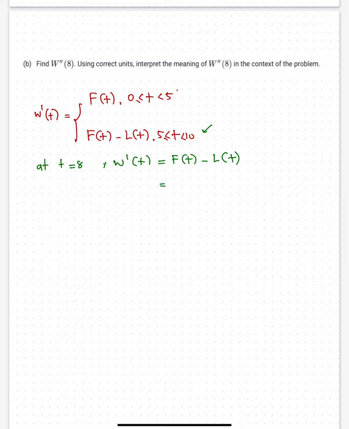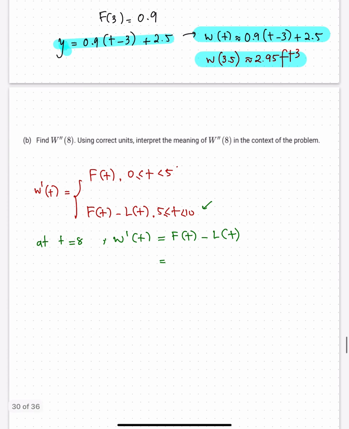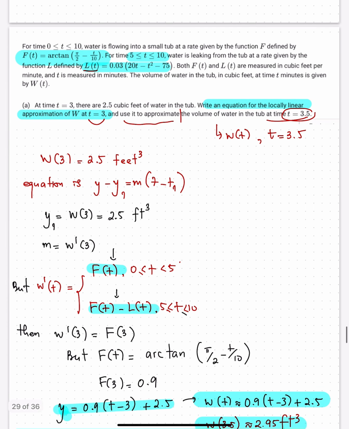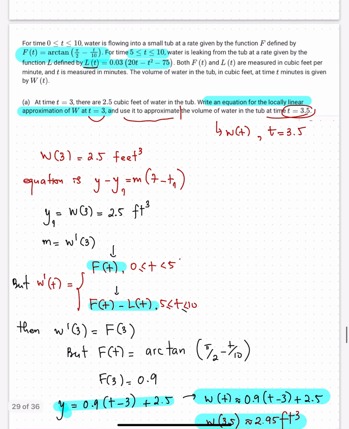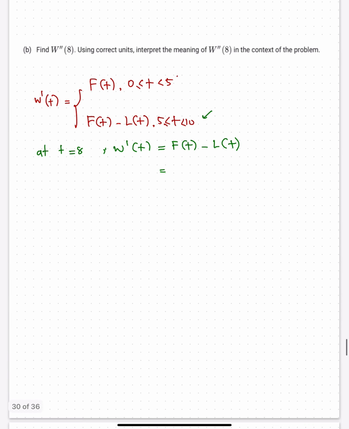F of t we already know from the top: arctan of pi over 2 minus t over 10.